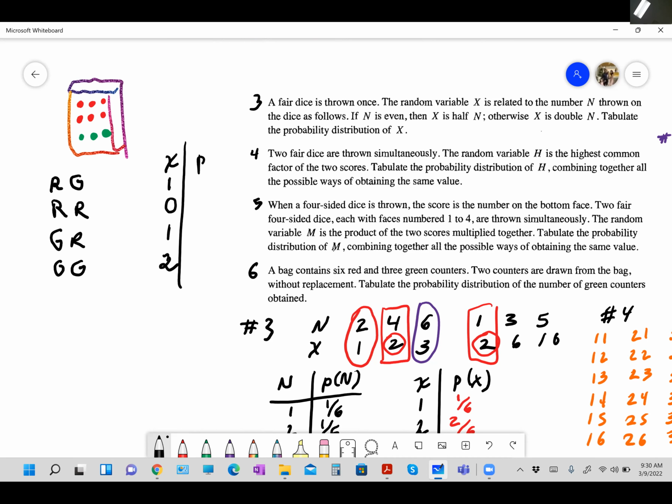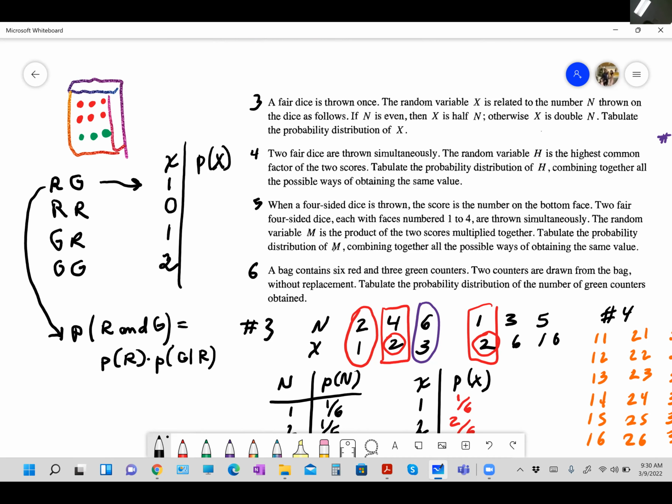Now, what's the probability of the first one? The probability of red and green must equal what? It can happen 3 times out of... It'd be the probability of red times the probability of green given red, because it was without replacement.